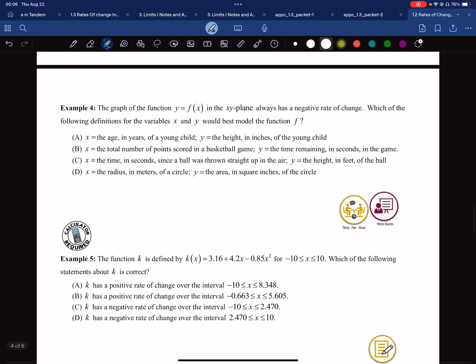On example number 4, the graph of the function y equals f of x in the xy plane always has a negative rate of change. Which of the following definitions for the variables of x and y would best be modeled by the function f? So think about a negative rate of change.